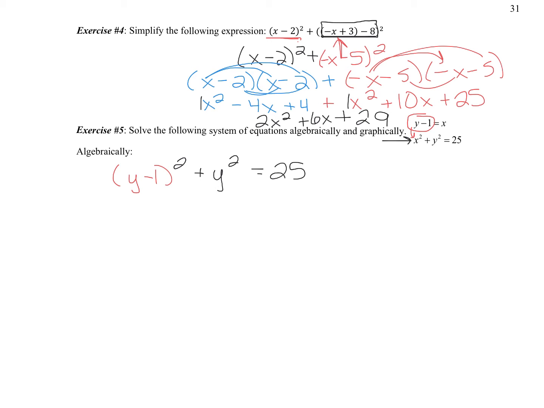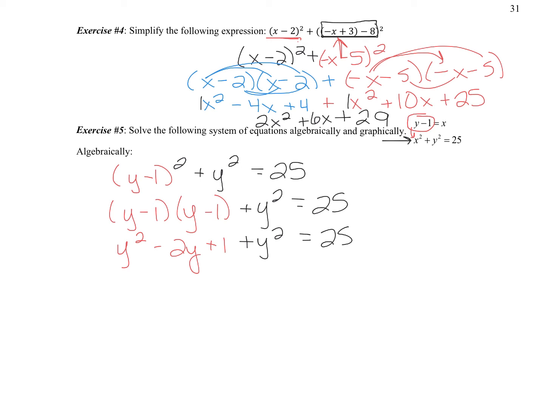So the simplifying step is actually a little easier on this one, right? Because this second part is just a y squared. I write that twice. I'm going to do that one step for the binomials. So I have y squared, negative 1y is negative 2y. Negative 1 times negative 1 is positive 1.